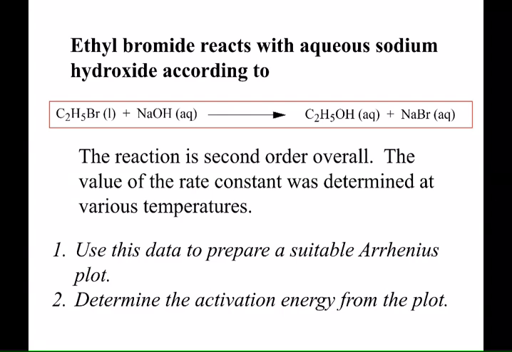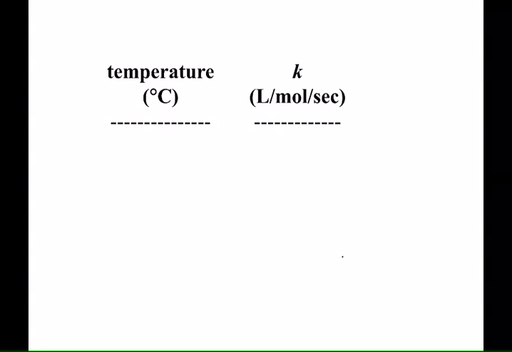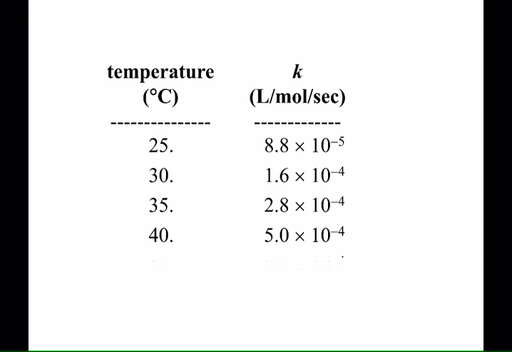And this example looks like this. So here are our various temperatures and the rate law constants. How does the rate law constant change as the temperature increases? It gets slower.